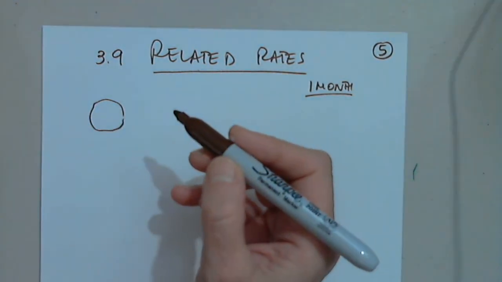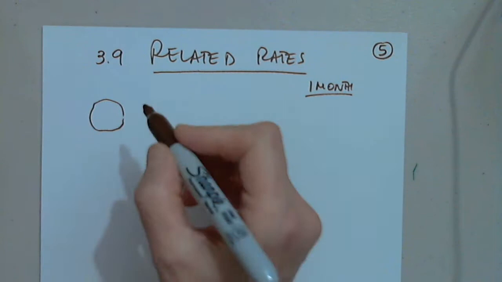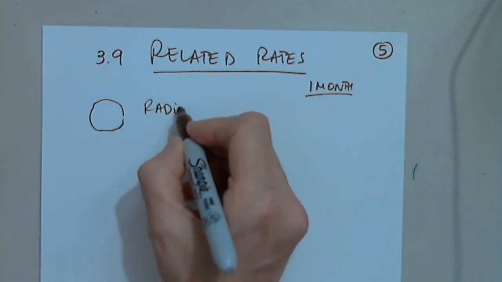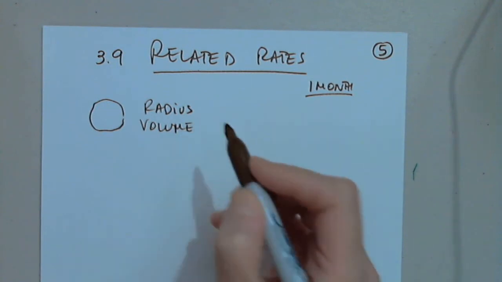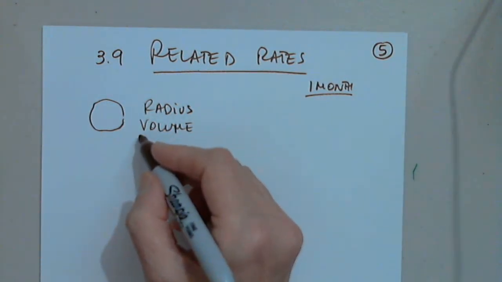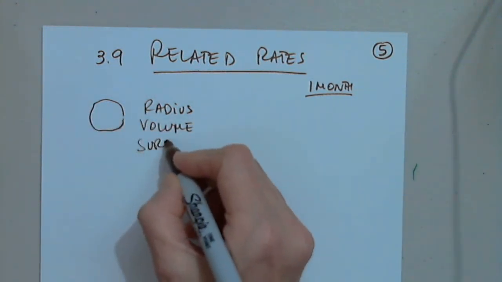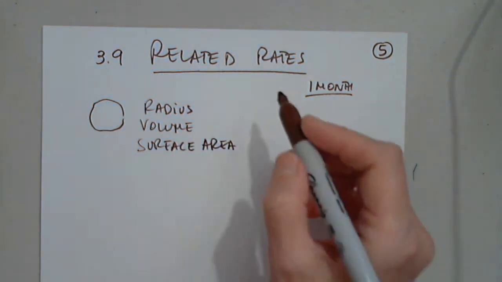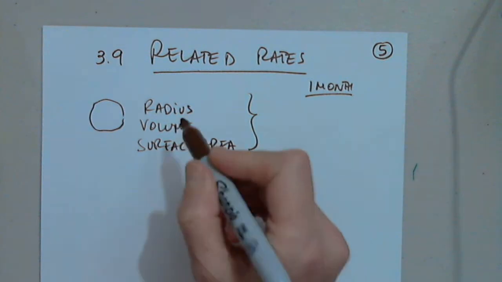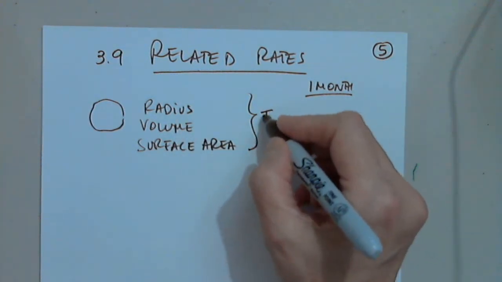What happens? A lot. First of all, the radius increases. The volume increases. The surface area increases.